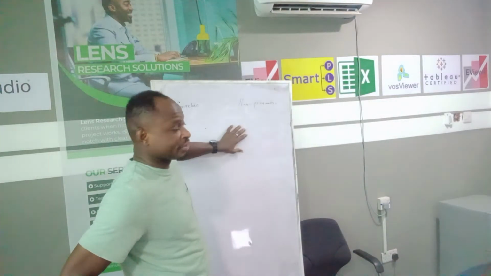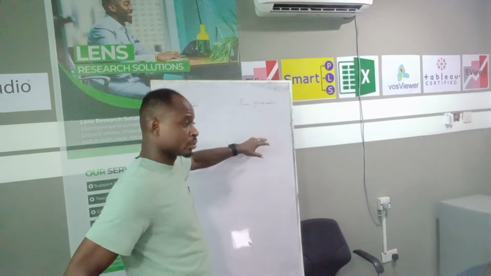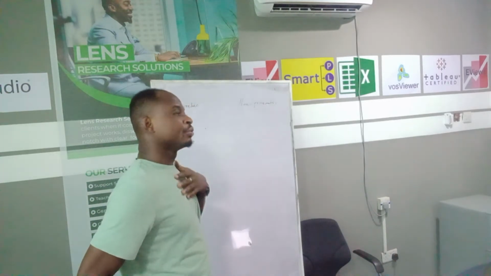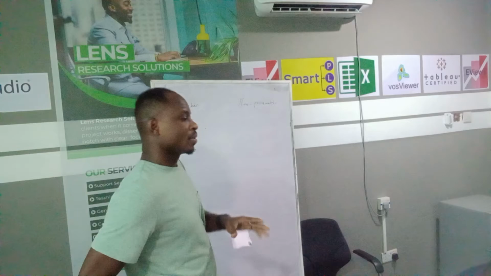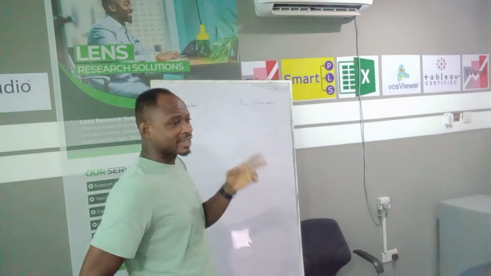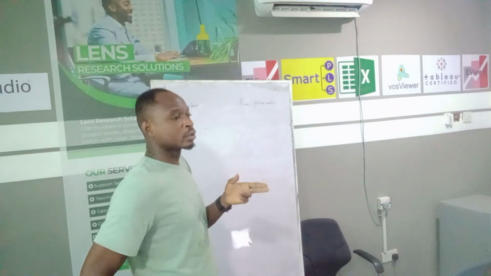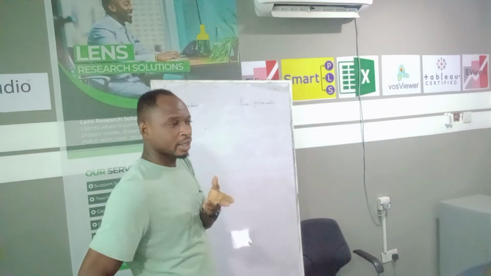If you want to choose any of the techniques, the tools that you use to analyze the objective, say you set an objective to look at a relationship, what technique can you use? If you are settling on a technique, ask yourself, is it a parametric technique or a non-parametric technique?